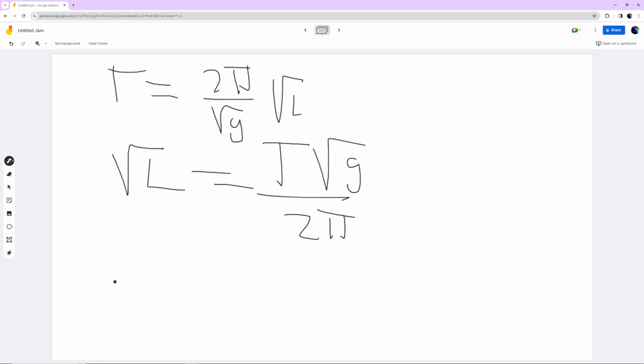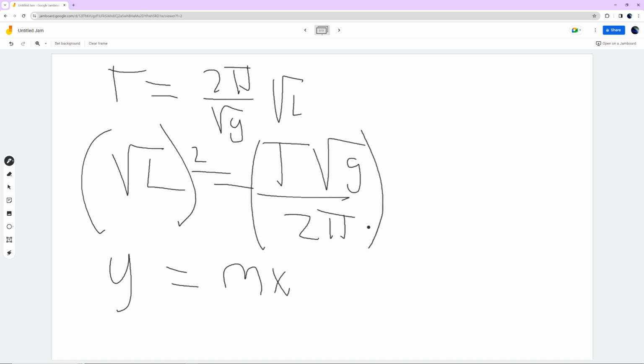But usually you don't want your y value to be a square root of something. Personally, I just don't really like it. So I'm going to square it. You don't have to square it, but I'm going to square it to show for this video.